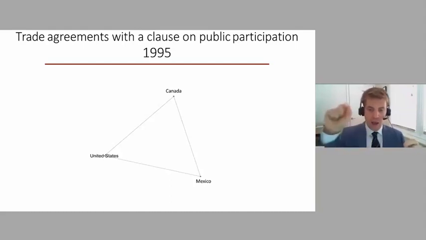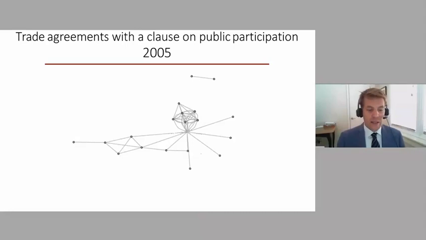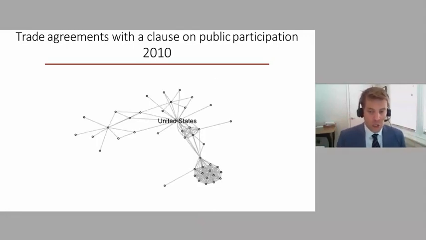That was in 1995. But if we go 5 years later, in 2000, you can see that the network is expanding. And in 2005, it's expanding again. It's growing basically out of NAFTA. We have this contagion effect. And it's not only NAFTA countries that are promoting those provisions in their own trade agreements with third parties, but then it becomes other countries outside of North America that are reproducing and diffusing those provisions elsewhere.